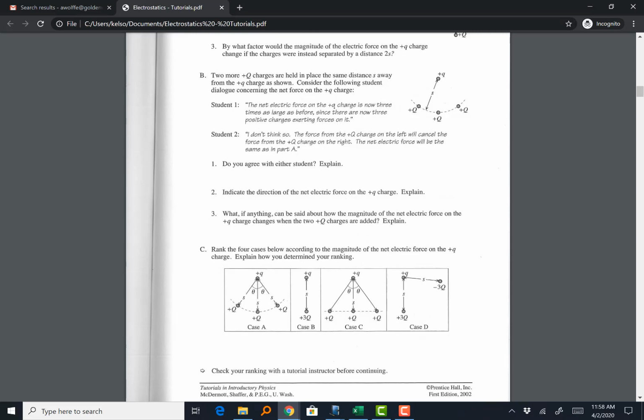I can also do a comparison between A and C. Those are very similar, except now instead of this being a circular shape where they're all the same distance, now I've got this straight line between them.